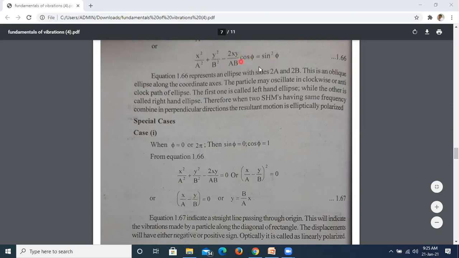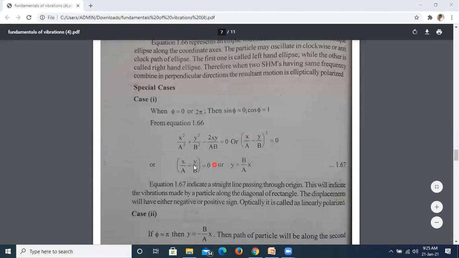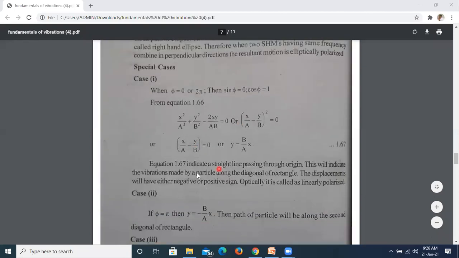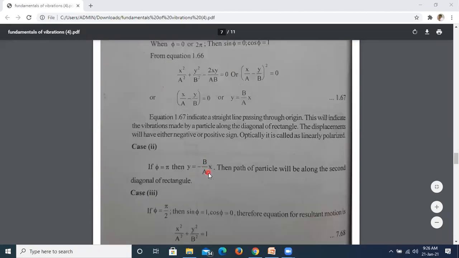Right side you will get 0. Left side you will get x square by a square plus y square by b square plus 2xy by ab cos phi, which equals 0. So left side you can write it as x by a plus y by b whole square equal to 0. Then we get y is equal to minus b by a into x.